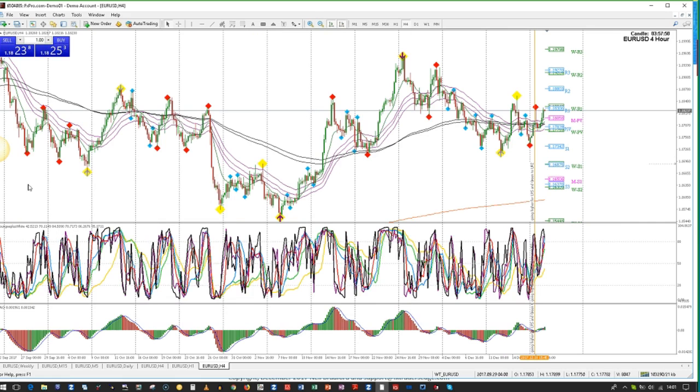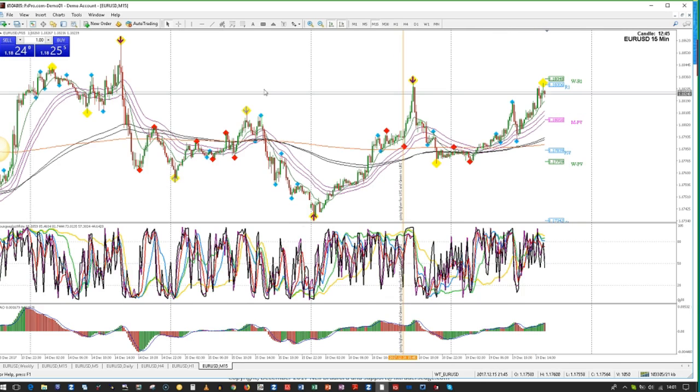Let's try and find another if we can. It's just a case of flipping through the charts. I'll tell you, the more attention you pay to this bungee, the easier it gets. It really does.